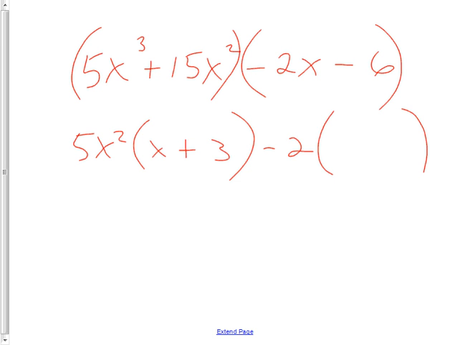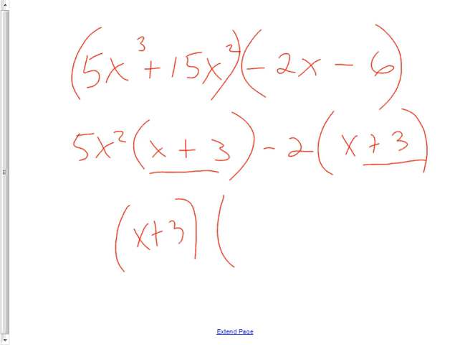And what do you got left? Excellent. And since those are in common, then you bring them together and say x plus 3 and put that in front. And then whatever's left over, that and that, 5x squared minus 2. Raise your hand if you had that one right. Awesome. Okay. Would you have any imaginary roots?